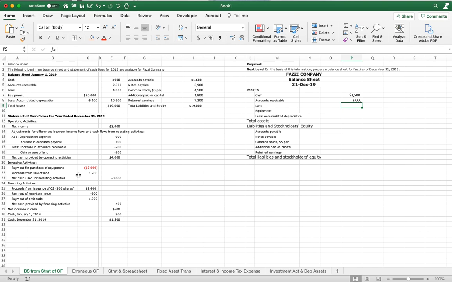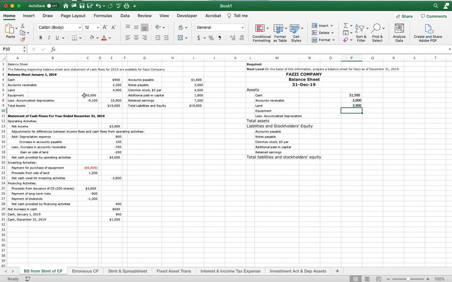And so we can say this $4,900 minus, and then just for the sake of using Excel, we'll say the proceeds minus the gain. And so that should give us a $1,000 difference. And so we have a land balance of $3,900.